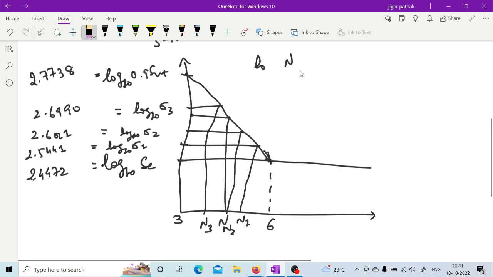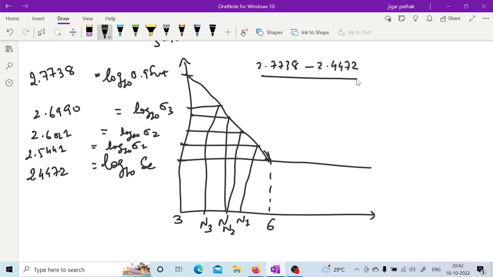So you will have values of n1, n2 and n3. For example, if you go for this n1, then what you will have is, let us say, 2.7738 minus 5.1102 upon 6 minus 3 is equal to 2.7738 minus 2.5441 upon 6 minus log 10 n1.